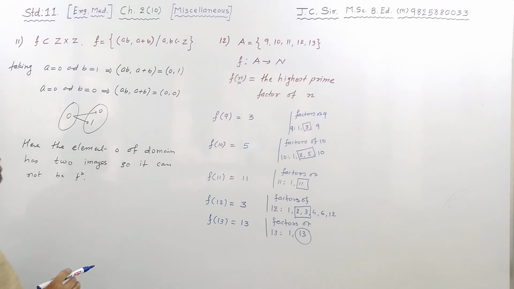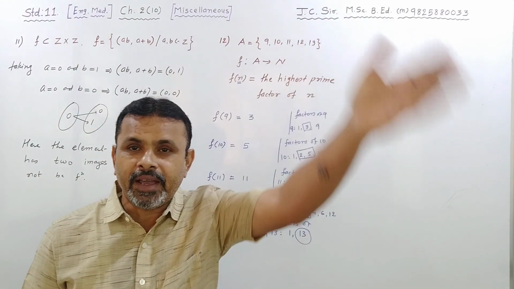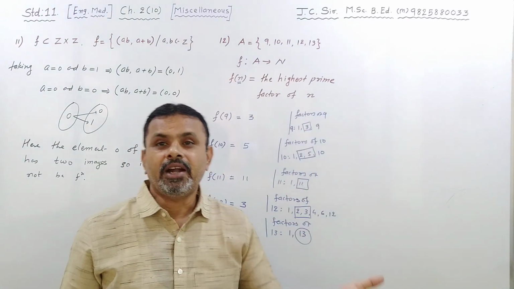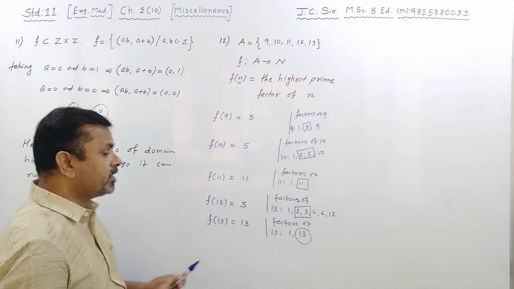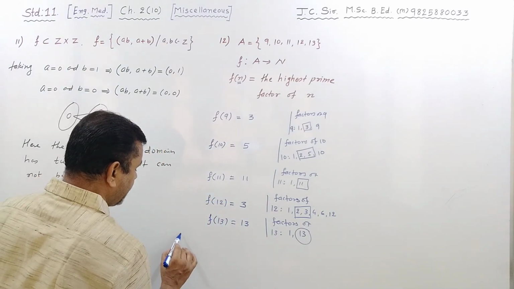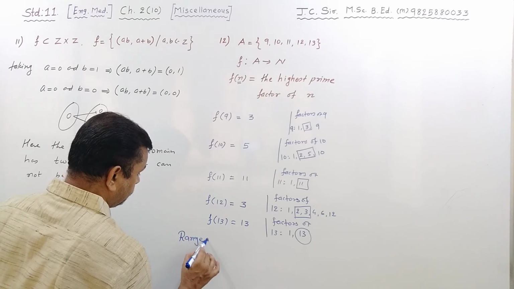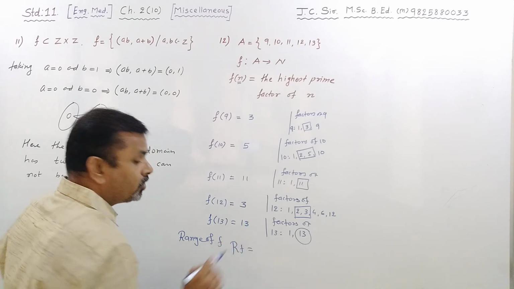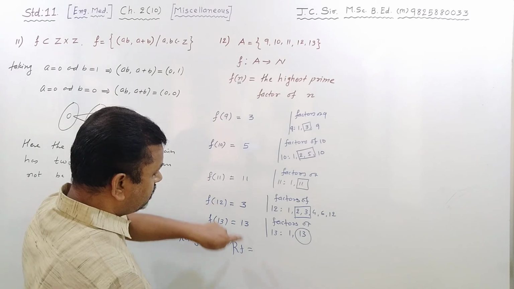So we know that values of f(x) mean the range and values of x mean the domain. So we are interested in the range, therefore the range of f, R_f, will be, see which elements we have: 3, 5, 11, 3, 13.